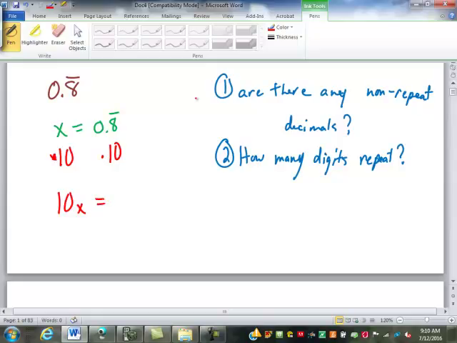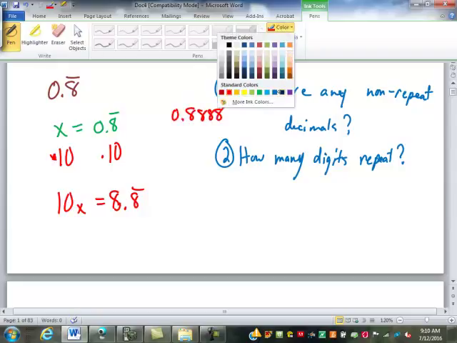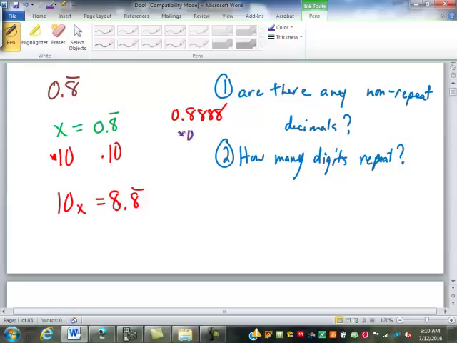What is 0.8 repeating times 10? Well, it's 8.8 repeating, right? It just moves the decimal point over one spot. You think of that as 0.8888. When I multiply by 10, it just moves the decimal point over one spot. So it's 8.888888.